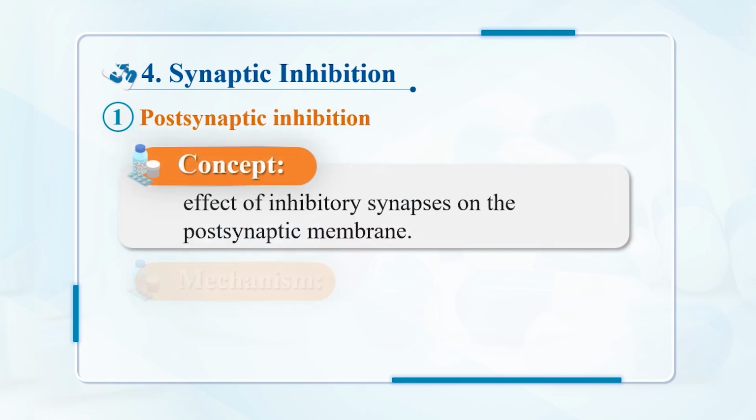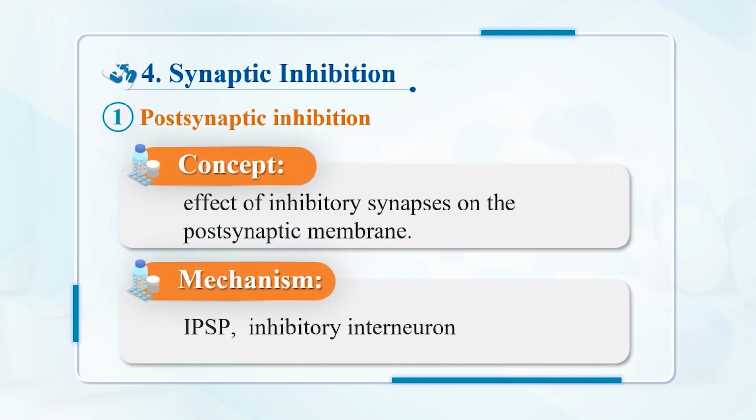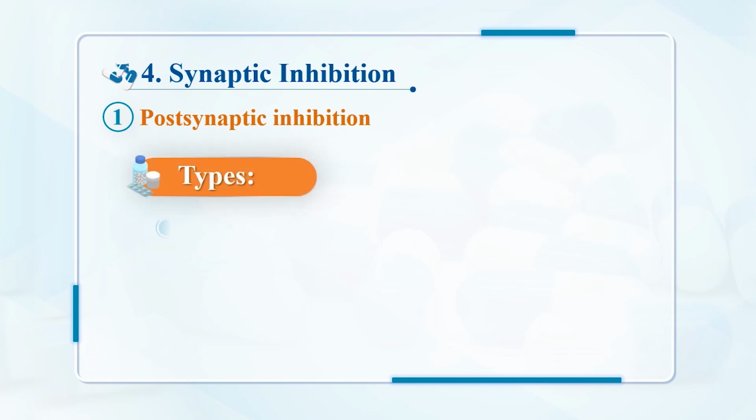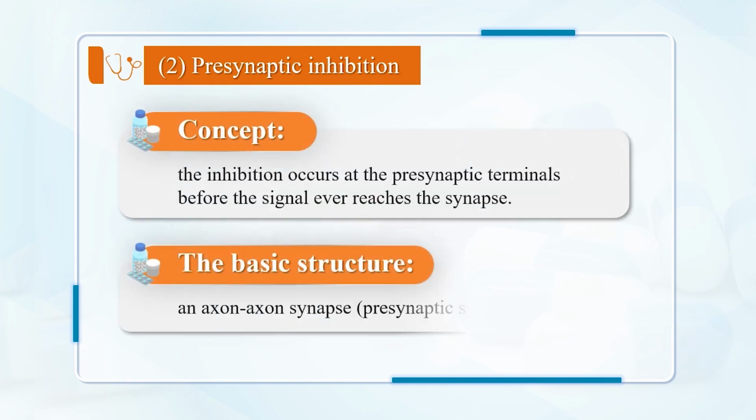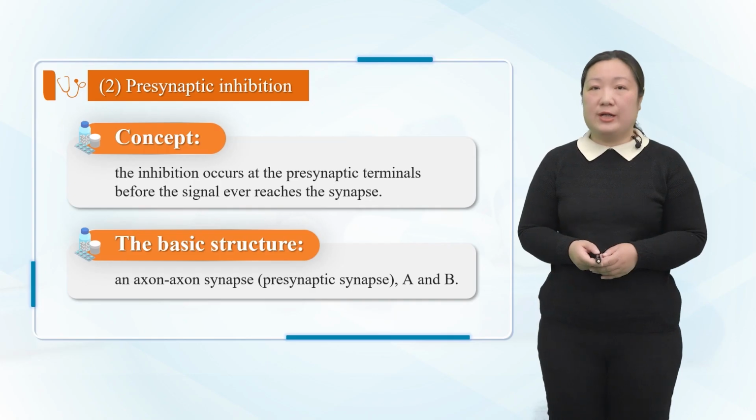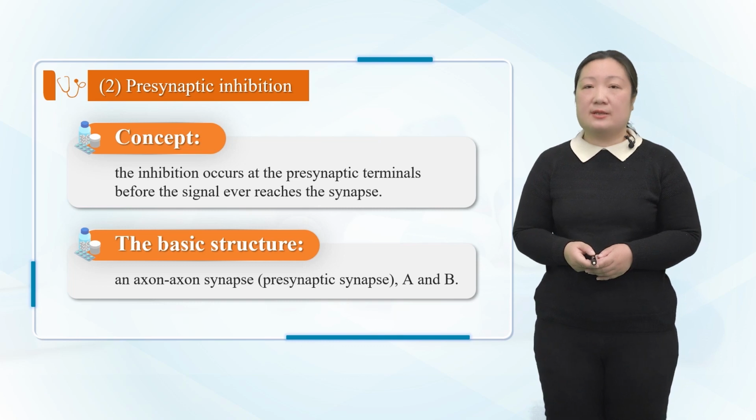Postsynaptic inhibition is the effect of inhibitory synapses on the postsynaptic membrane. Presynaptic inhibition is inhibition that occurs at the presynaptic terminals before the signal ever reaches the synapse.